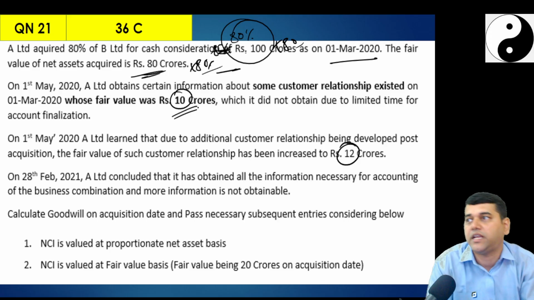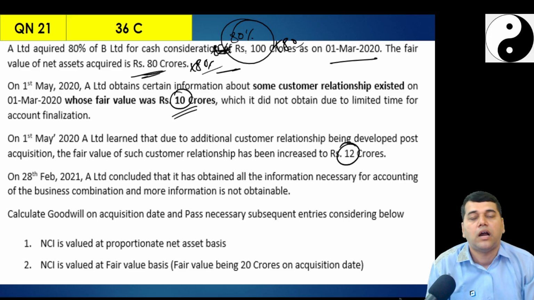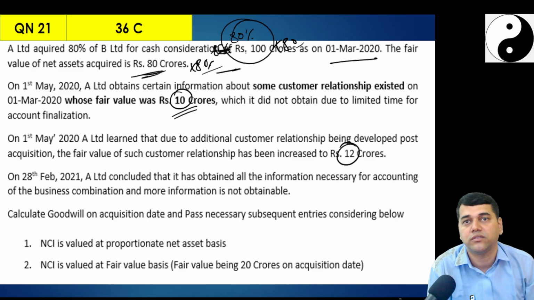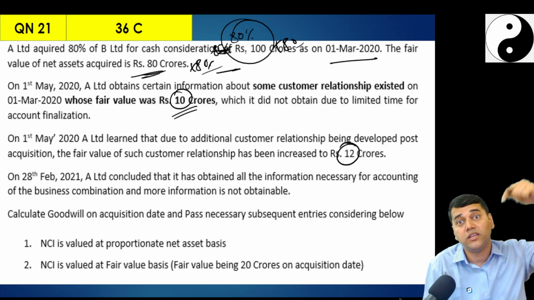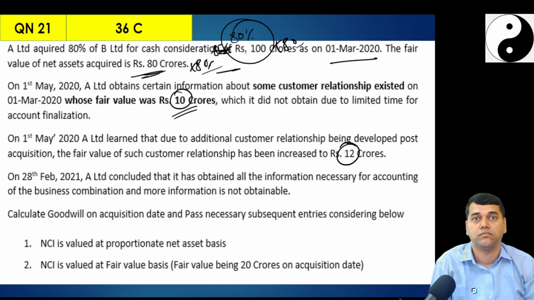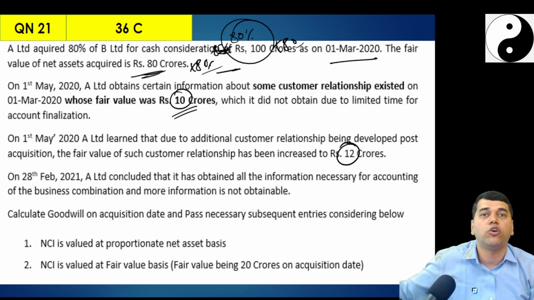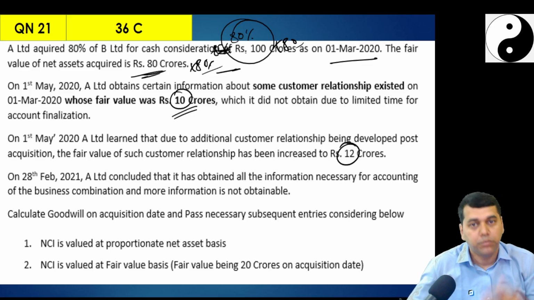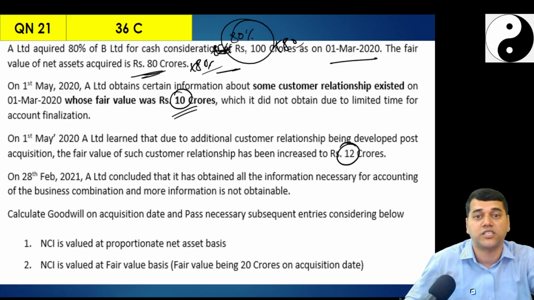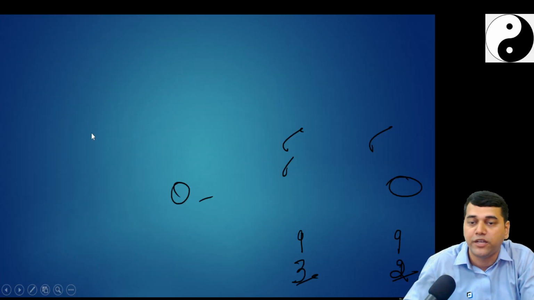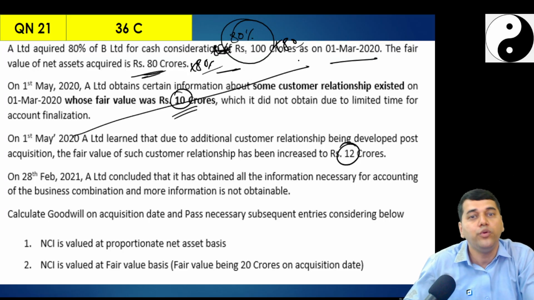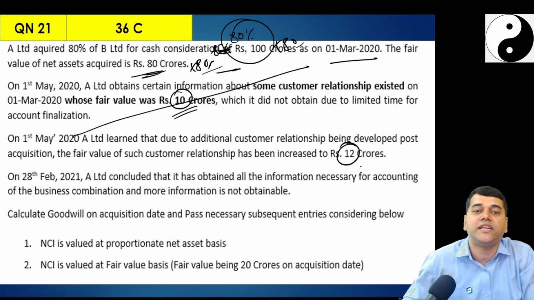Its value was 10 and you didn't know. Afterwards, who started to give service? A Limited. Now, B only gave service to the customers, but under the instruction of A Limited. Now, A Limited is highly quality conscious. Because of the better service to the customers from 1st of March till 1st of May 2020, the goodwill again increased from 10 to 12.